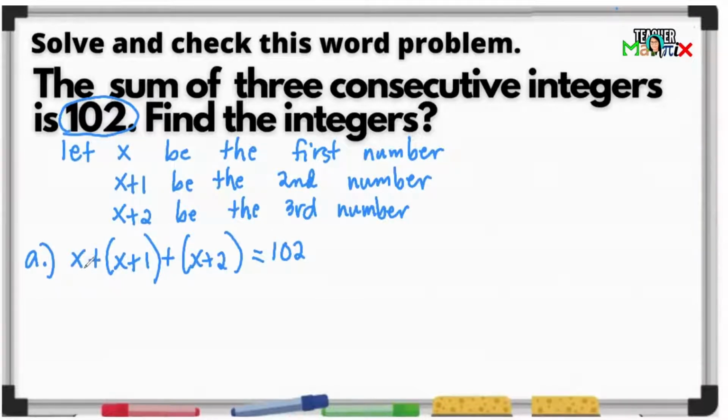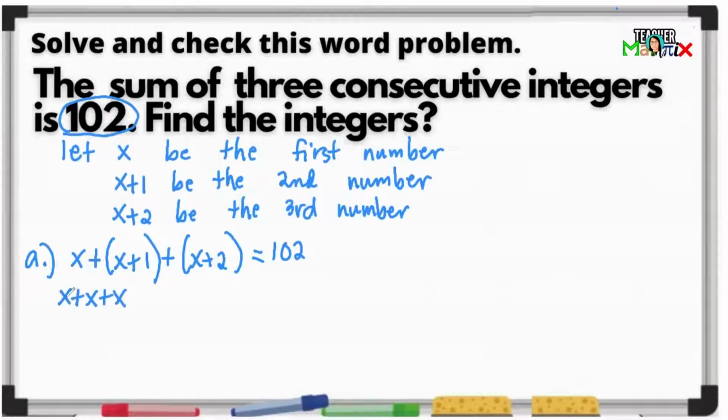Since we have exactly the same variables, single variables per expression, you can simply combine them because they are exactly alike. So all you have to do is combine them, x plus x plus x.